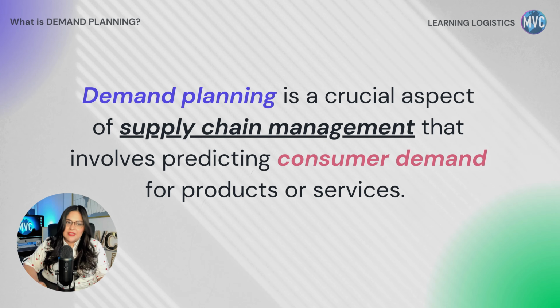By accurately forecasting demand, businesses can optimize their inventory levels, reduce waste, and improve their bottom line when they plan for their levels of demand. In this lesson, I'm going to take you through the importance of demand planning. I'm going to highlight some examples of companies that have implemented effective demand planning strategies and what those strategies look like.